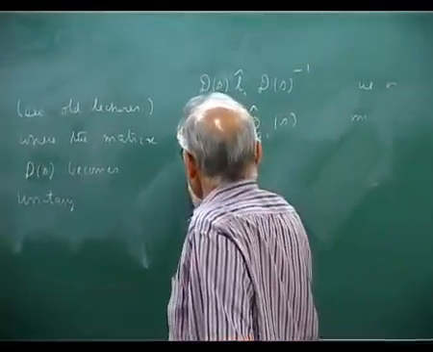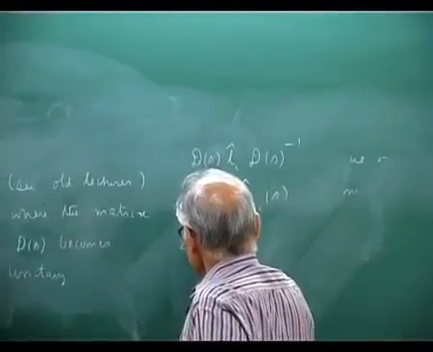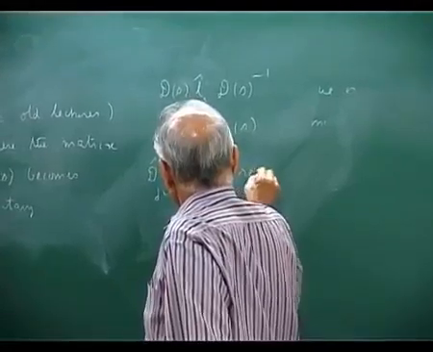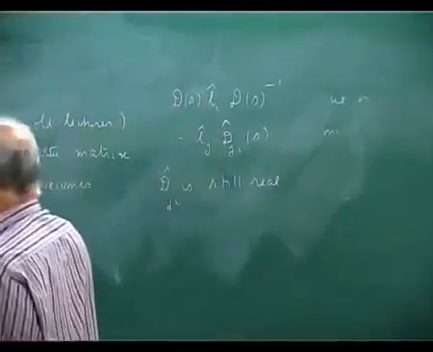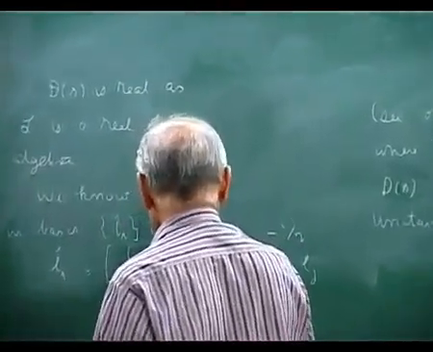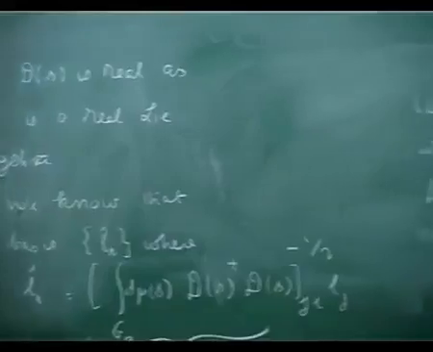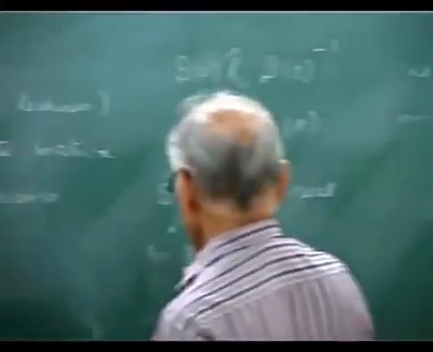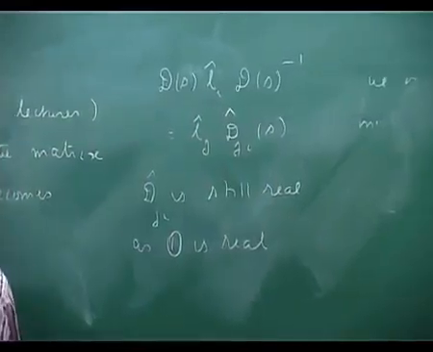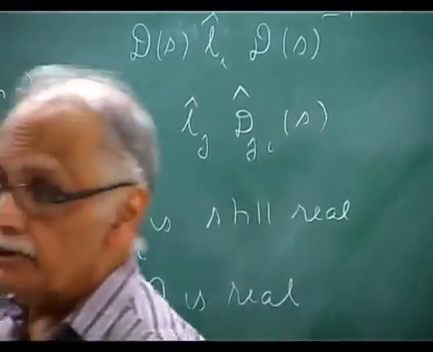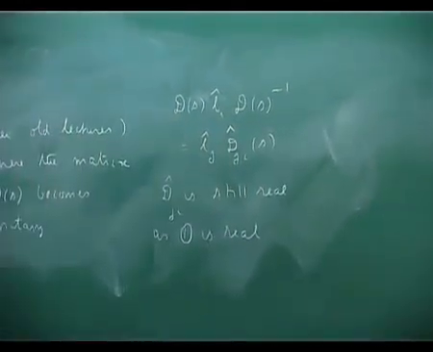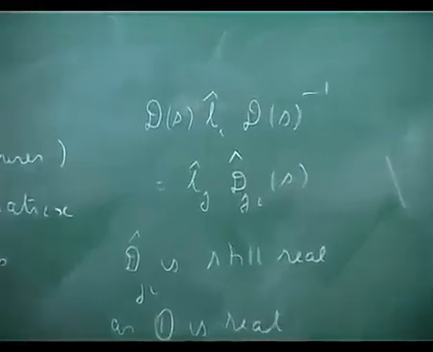But this d hat is still real, as this object here is real. So it is real and unitary, so it is orthogonal.